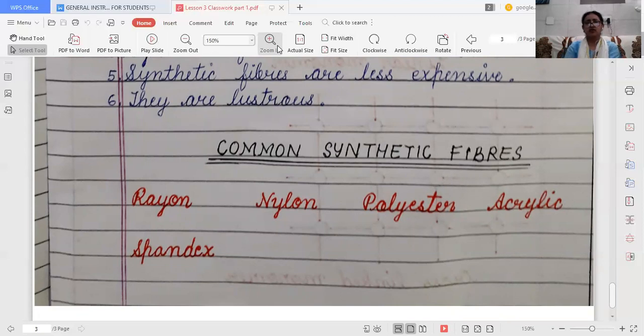Later on we will discuss that. Nylon. Nylon is the first man-made fiber. Polyester, acrylic, spandex. So these are the most common synthetic fibers. When I take your next session, then we will discuss these synthetic fibers.